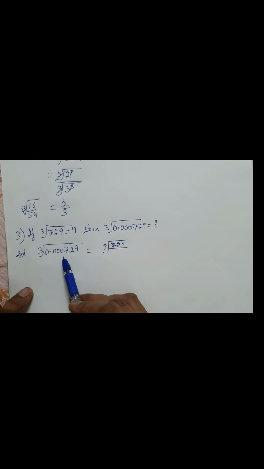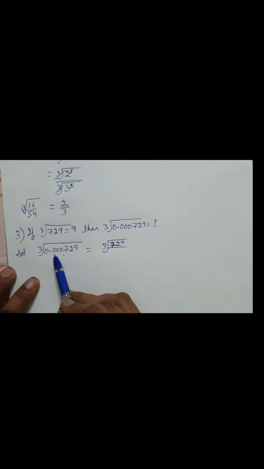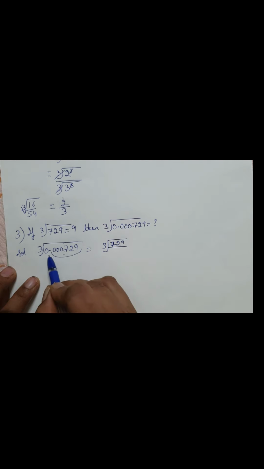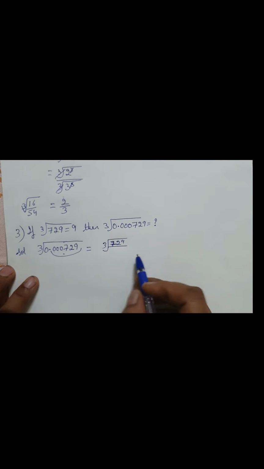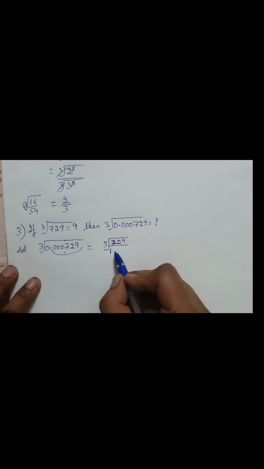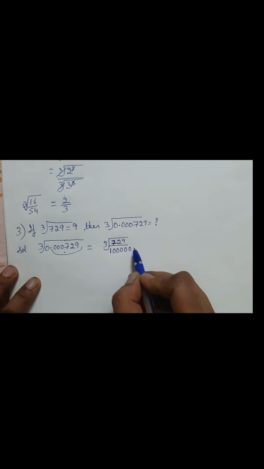Now how many zeros are there, children, here? After decimal point, how many numbers are there? 1, 2, 3, 4, 5, 6. So we have to count like this, okay? So we will put here 1, we will put 6 zeros.